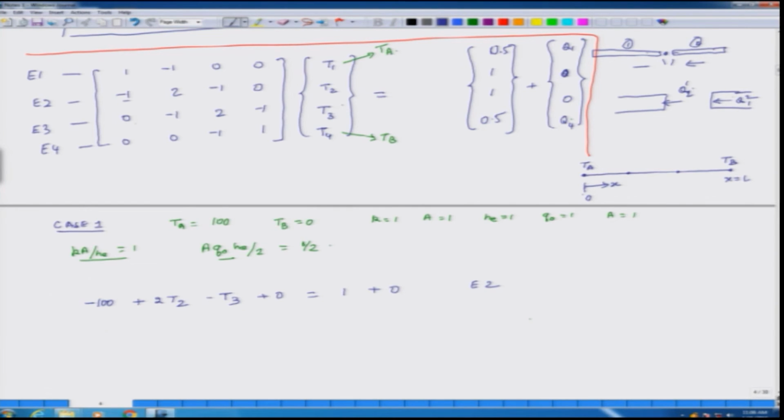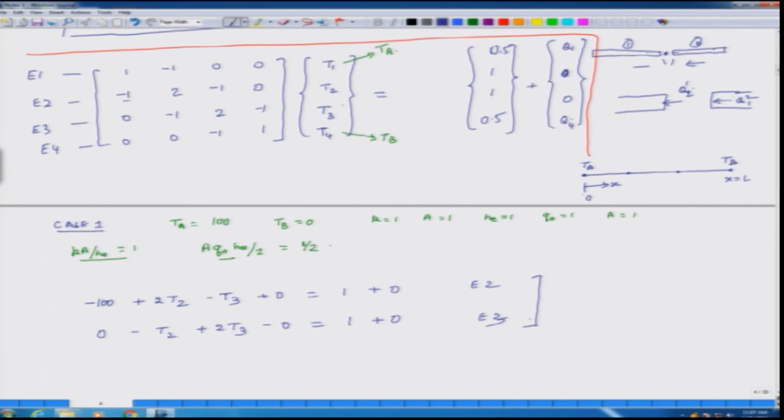So, that is 0 times T A, minus 1 times T2 and then 2 times T3 and then minus 1 times T4, and T4 is 0 degrees, right, which is T B. So, this is 0 and this equals again F3 which is 1 plus Q3 which is 0. So, this is my equation 3.